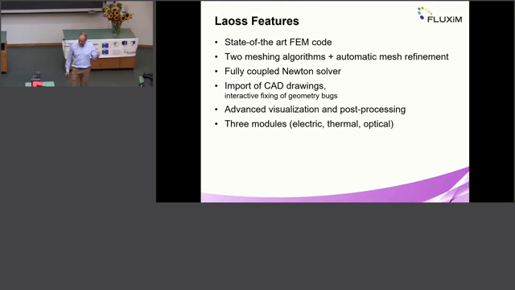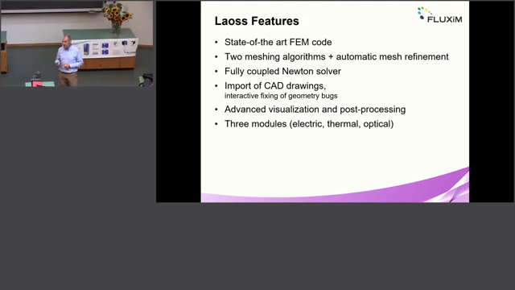Okay. It's also nice that there are two meshing algorithms included, so it's a triangular mesh automatically generated after you define the geometry. Then we have a fully coupled Newton solver, meaning for electrical and the thermal part, everything together, top and bottom domain, everything at once.